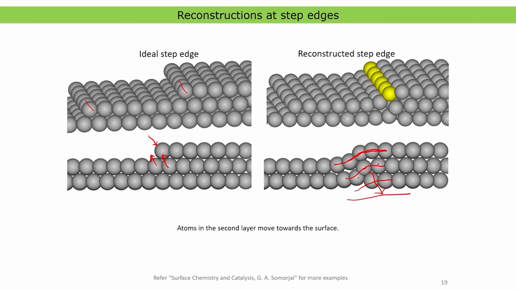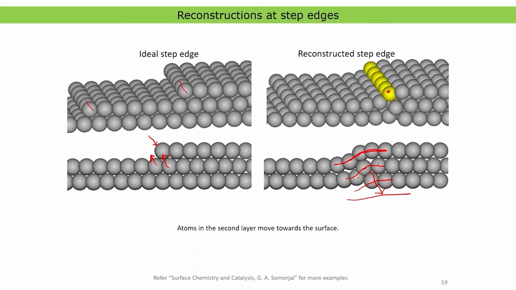Nonetheless, you can see that these atoms are more exposed to the reactant atoms, and therefore even when reconstructed, high index surfaces always remain reactive. But the reconstruction does reduce their reactivity to a lower extent.